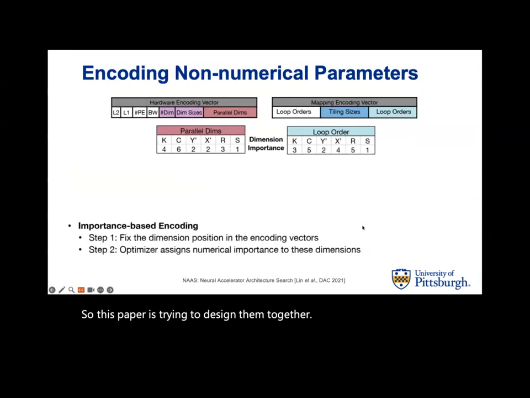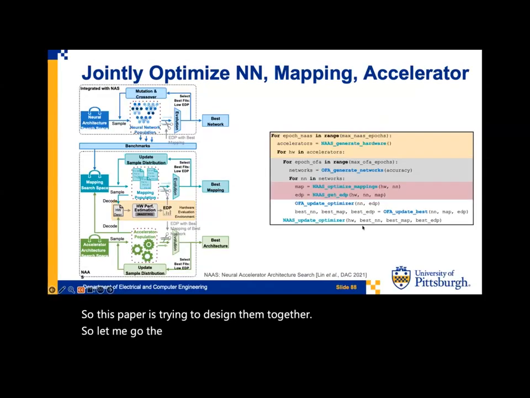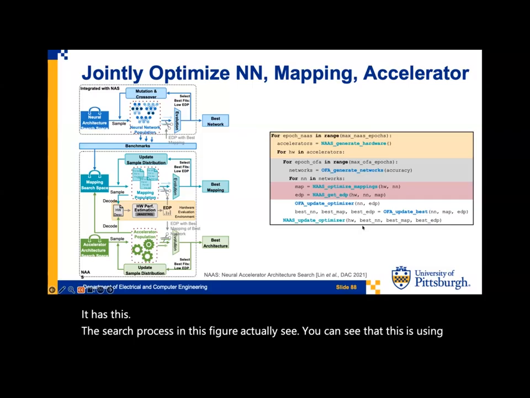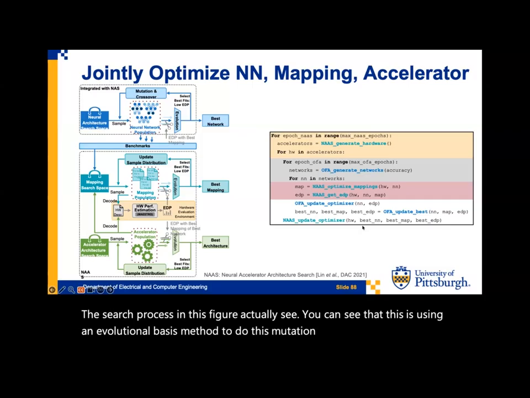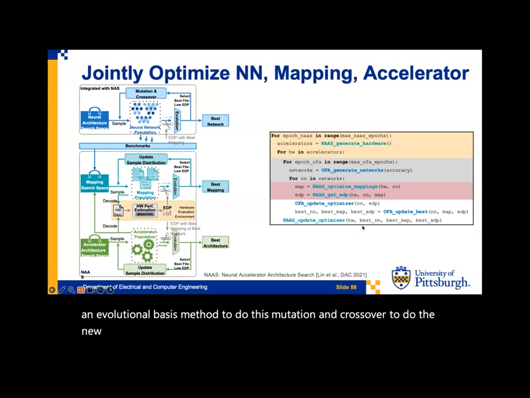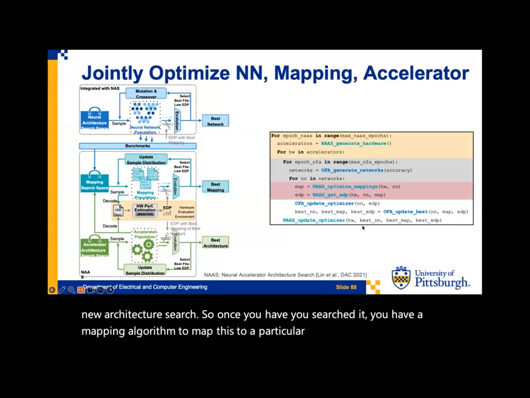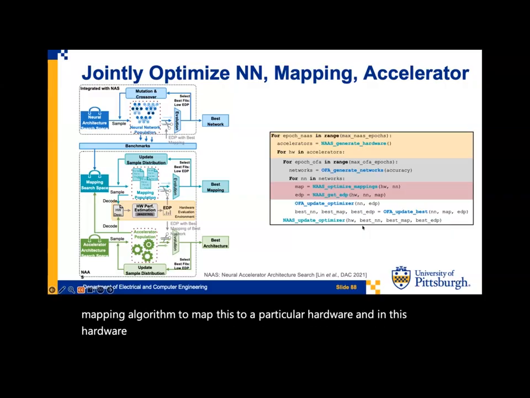So let me go to the next one first, and then come back. This is the big picture of this paper. It has this search process. In this paper, you can see that it is using an evolution-based method, with mutation and crossover, to do the new architecture search. Once you have searched it, you have a mapping algorithm to map this to a particular hardware. In this hardware design space, it also has its way of designing.